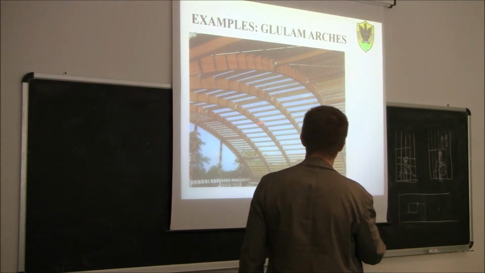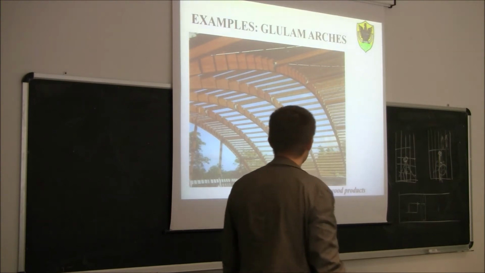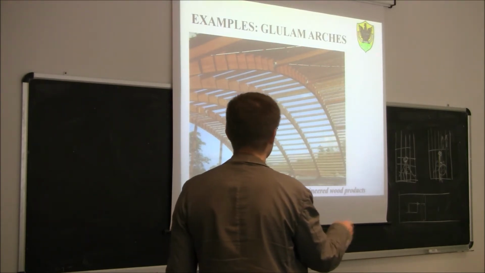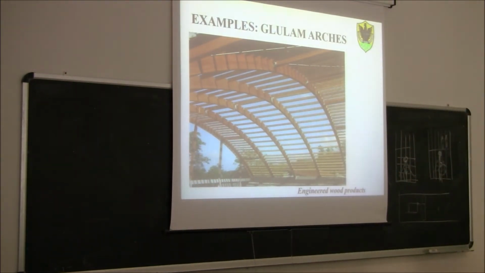Then there are a number of purlins connecting all these arches. And then you can see at a certain point here there are some steel bars. Now, what do those steel bars carry? So why do we use some steel bars here?